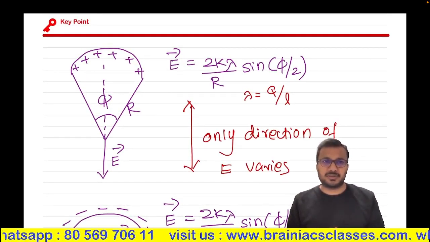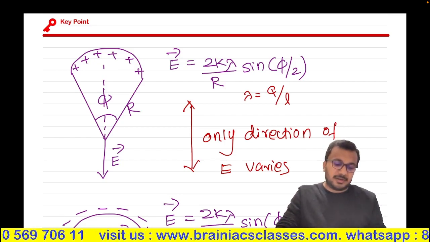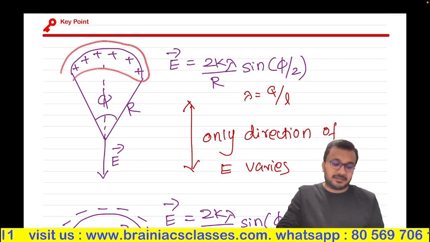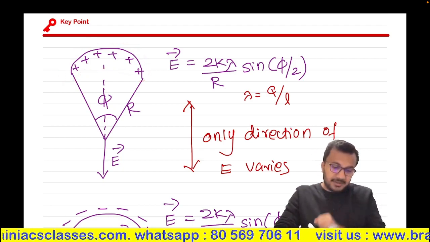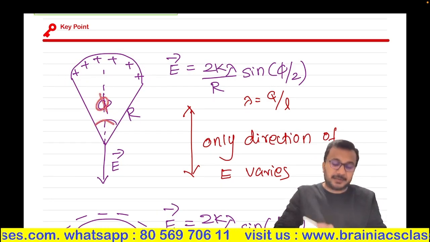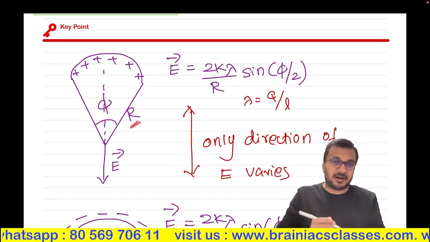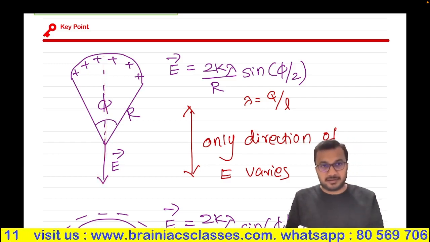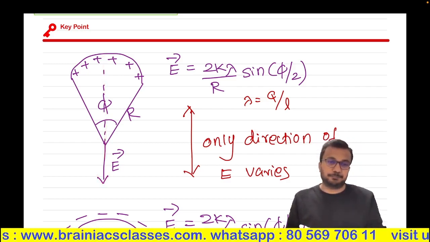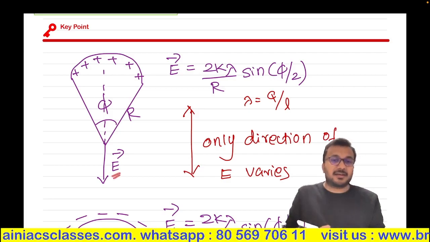What is the theory talking about? Let's say you have a wire bent in the form of an arc, and the arc will have an angle of phi and a radius of r. The electric field is directed along the line passing through the center. That marks the direction of the electric field.